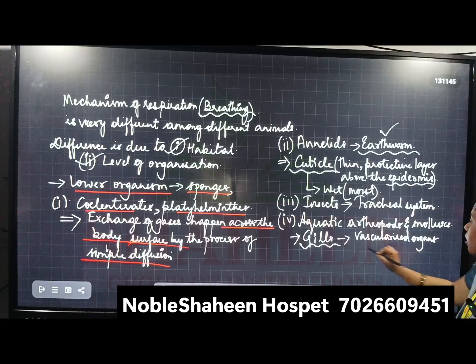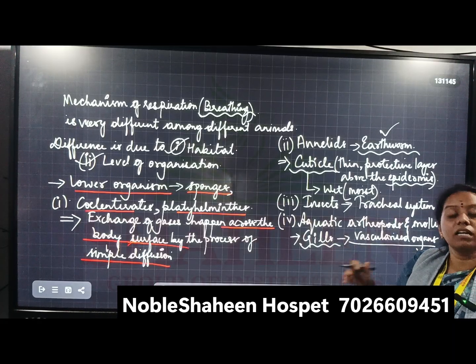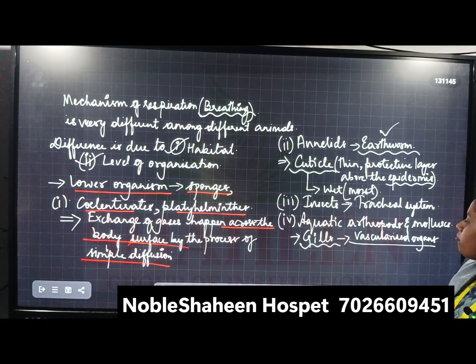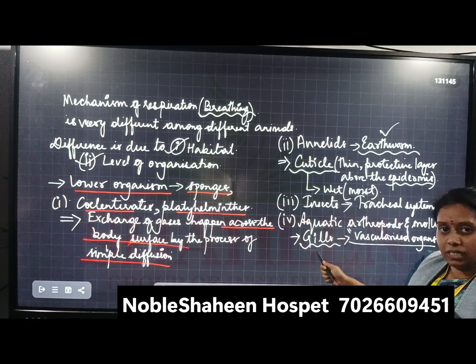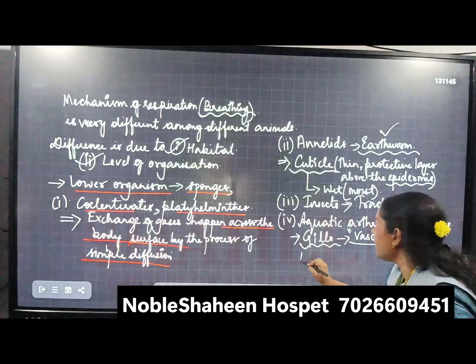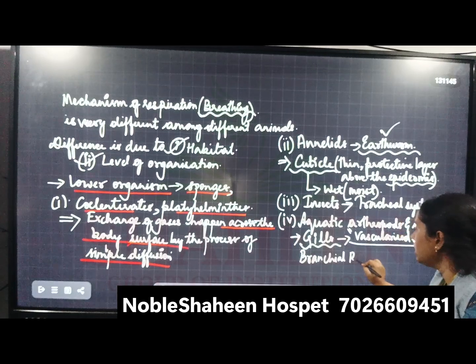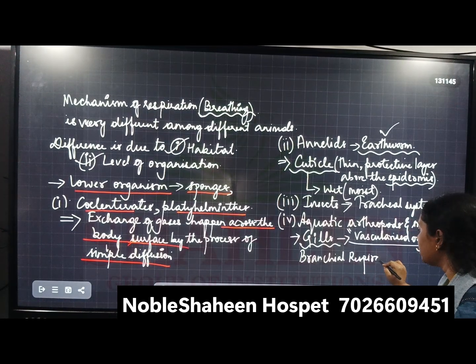So what do you mean by the term vascularized? Gills are the organs which are having a network of supply of blood capillaries into it. So such type of organs are called as what? Vascularized organs. And the respiration which is happening by the help of gills, that type of respiration is called as branchial respiration.